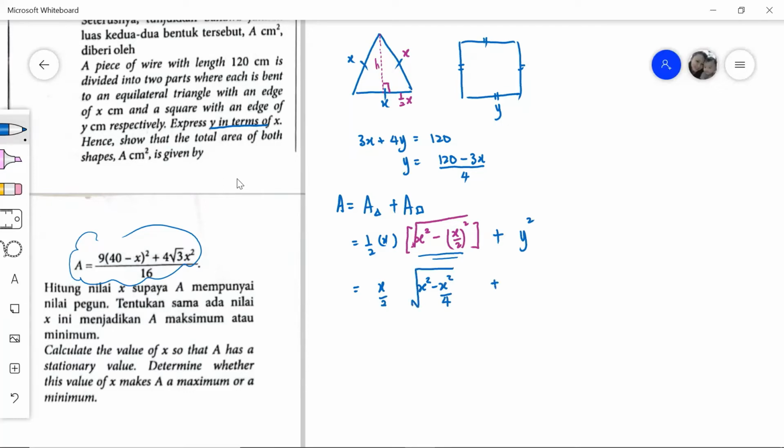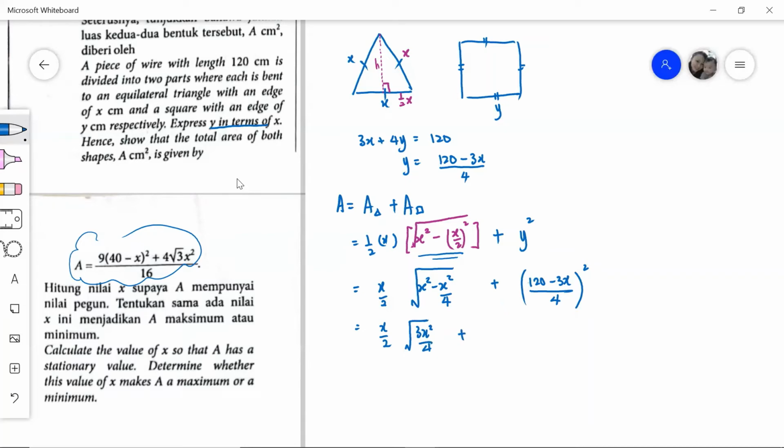On this side, y squared, so we just put 120 minus 3x over 4, everything squared. So for x squared minus x squared over 4, we change it to a single fraction. We will get 4x squared minus x squared, so we have 3x squared over 4.